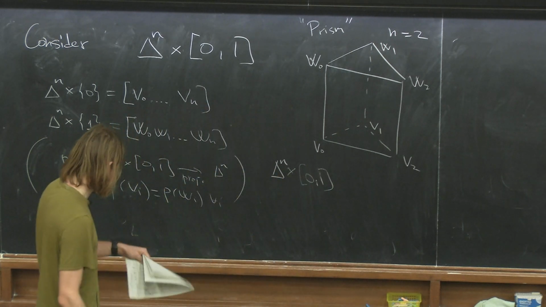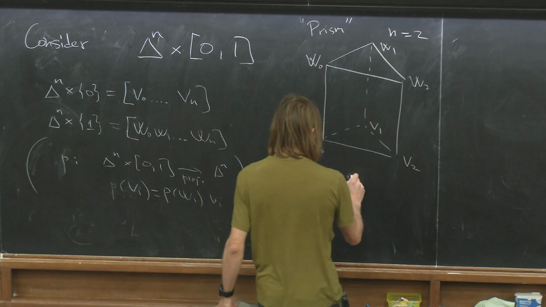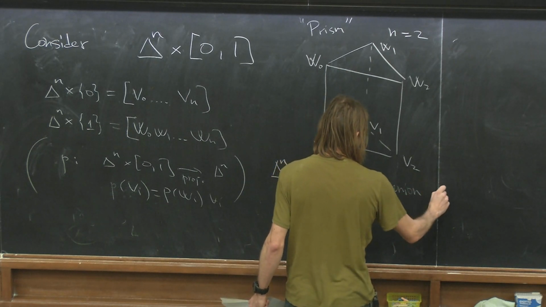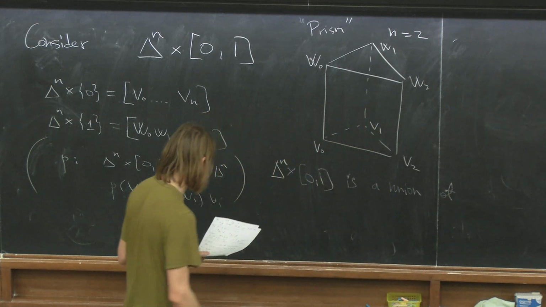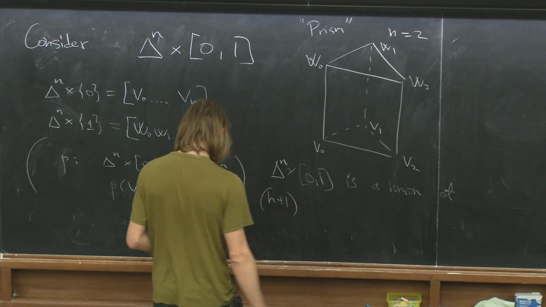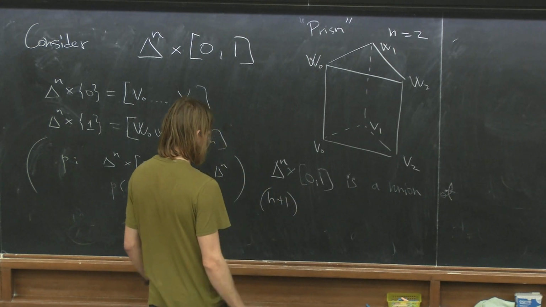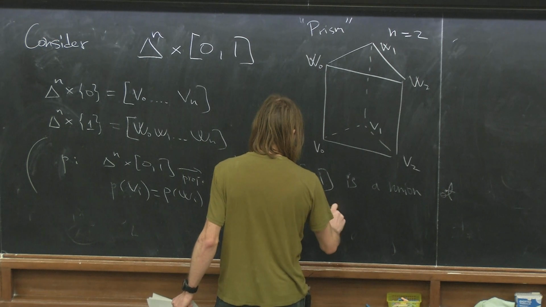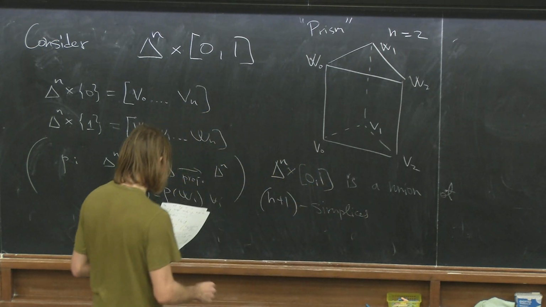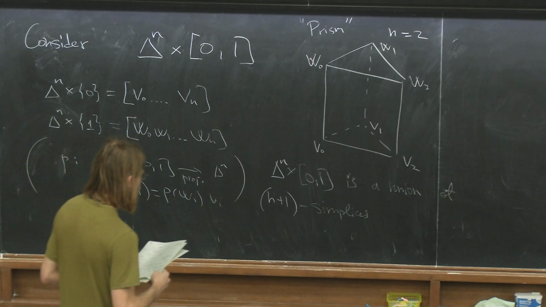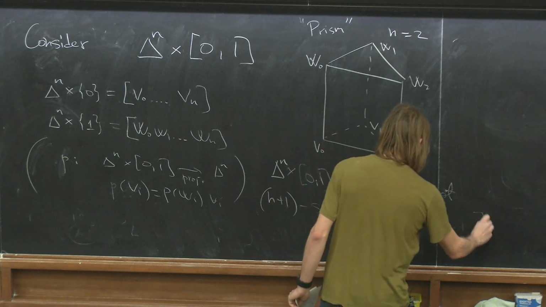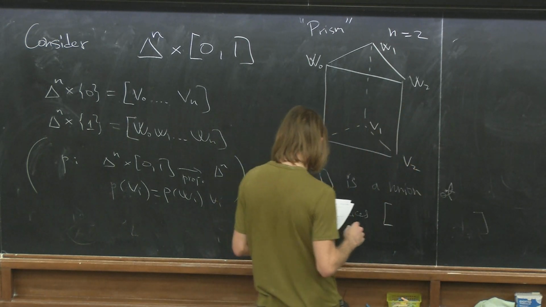This product is the union of n plus 1 simplices with vertices of the following form.